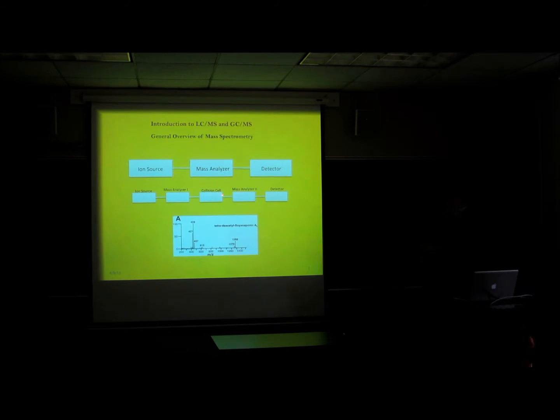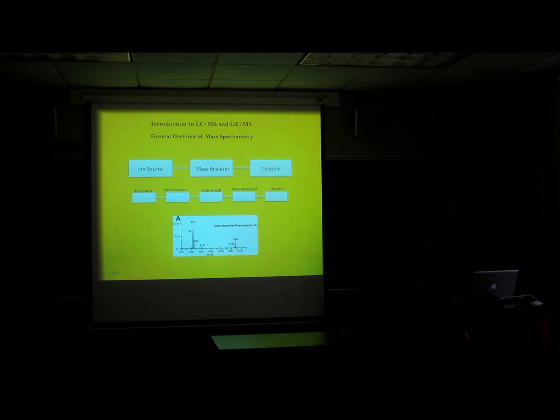You can also have dual mass analyzer mass specs. So if you hear tandem mass spectrometry or MSMS, what you have is an ionization source followed by a mass analyzer to separate out the precursor ions that are formed in the gas phase. You then use a second compartment within the mass spec as a collision cell.